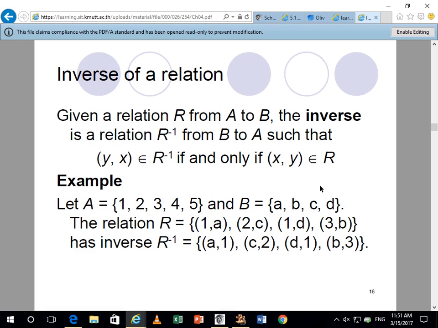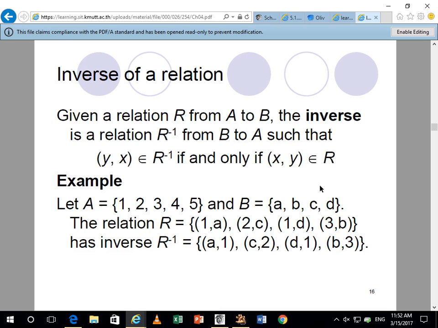Okay. We can also talk about what's called the inverse of a relation. We denote that by r to the minus 1. So the inverse is defined this way.